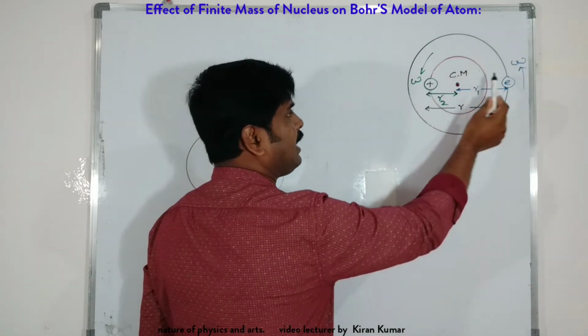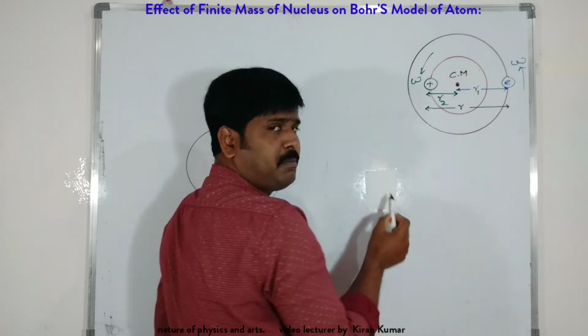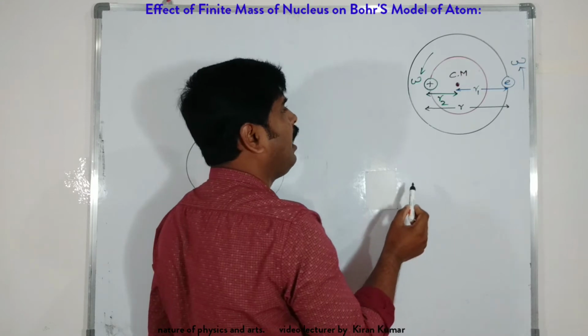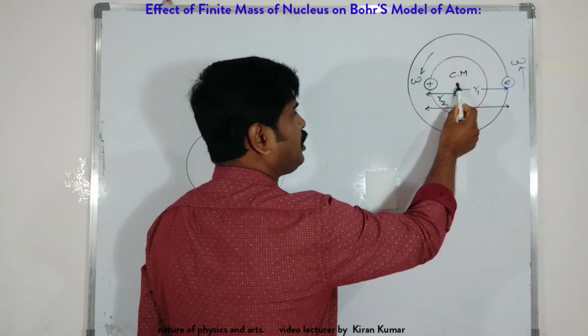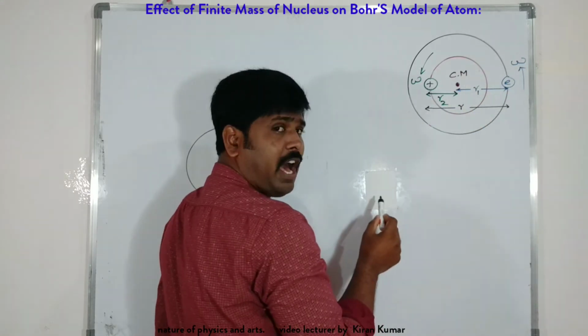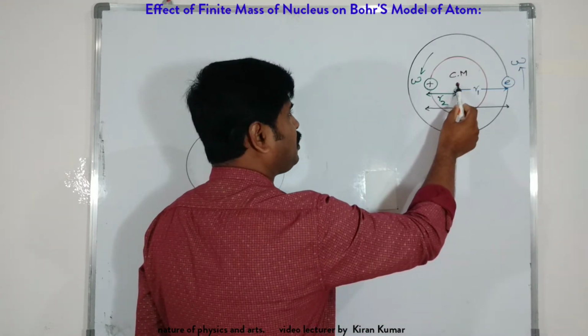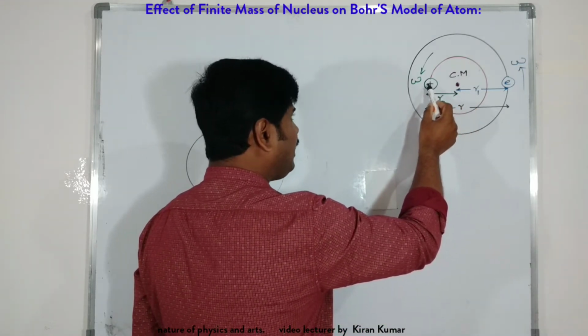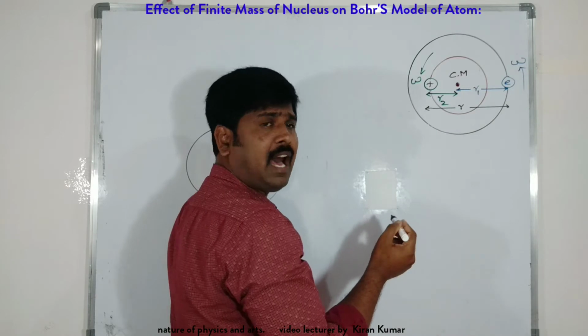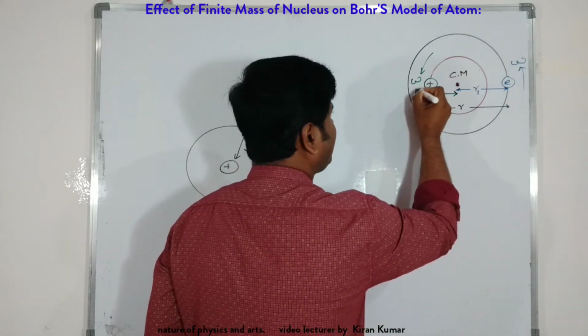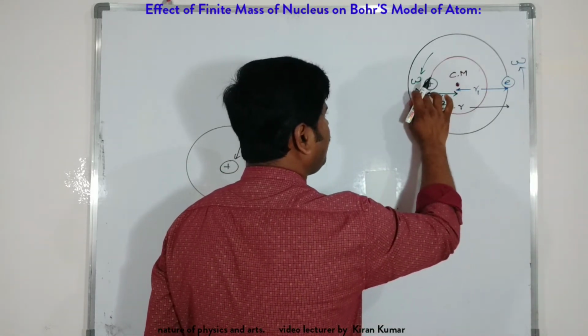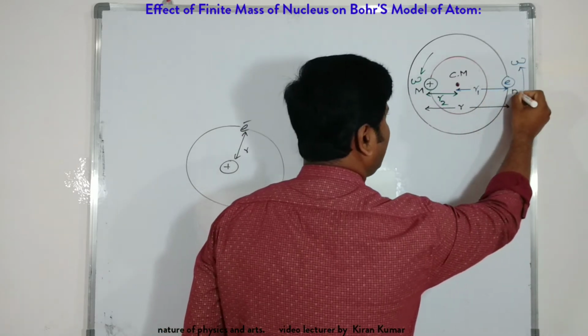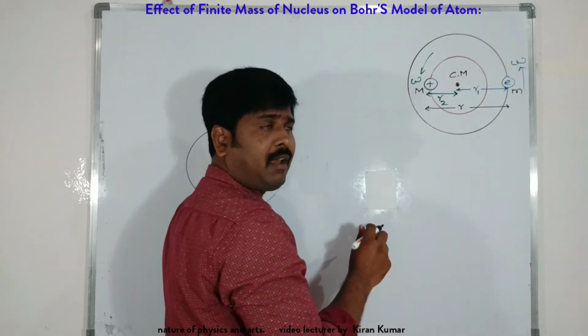Initially, the nucleus and the electron are separated by a distance small r, and from the center to the electron the distance is r1. From the center to the nucleus the distance is r2, and here capital M is the mass of the nucleus and small m is the mass of the electron.